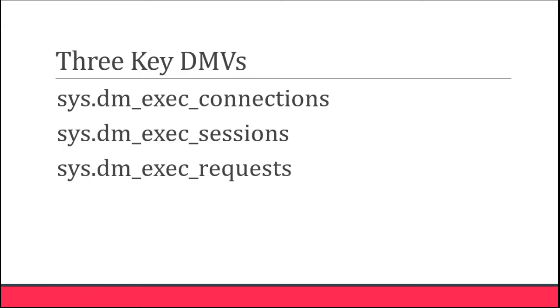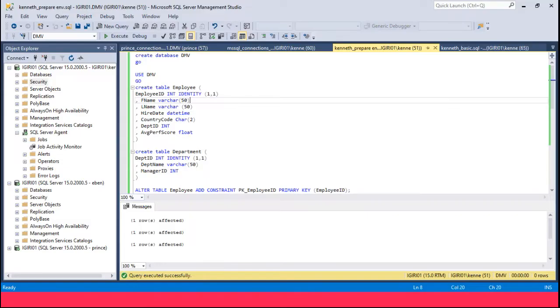We're just going to talk about 3 of them, which if you have a good mastery of, you will be able to do a lot of troubleshooting in terms of who is in your server, what is it doing, is there anybody hindering him from doing what he needs to do, and so on and so forth.